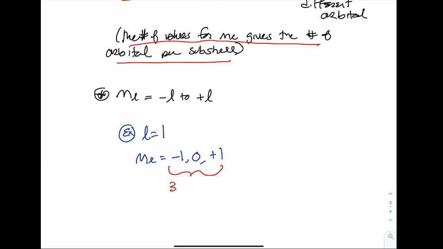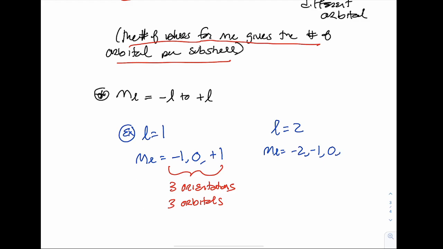Remember, L gives us the shape. So I have 3 different ways I can take that shape and orient it in space. So 3 orientations means I have 3 orbitals when L is equal to 1. If L is equal to 2, right, m sub L is everything between negative 2 and positive 2, so negative 2, negative 1, 0, 1, and 2.